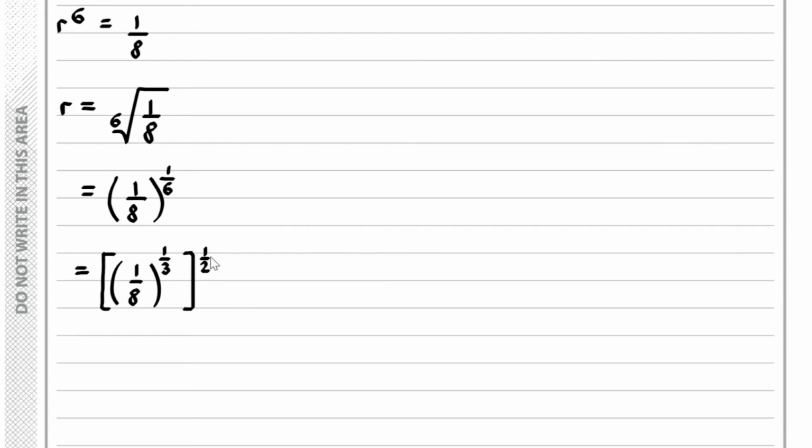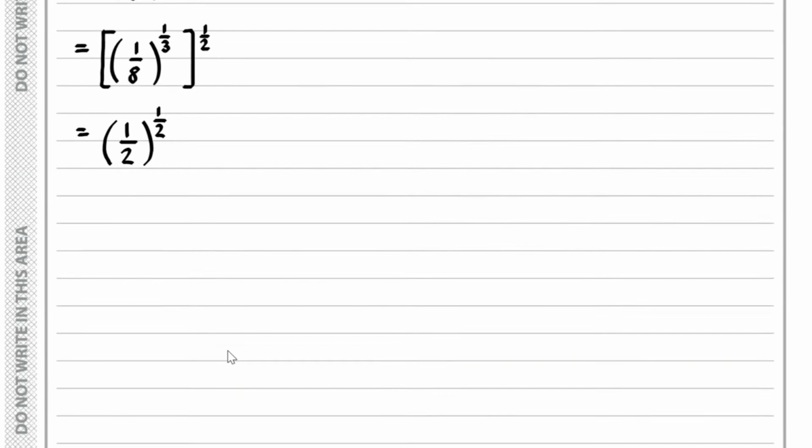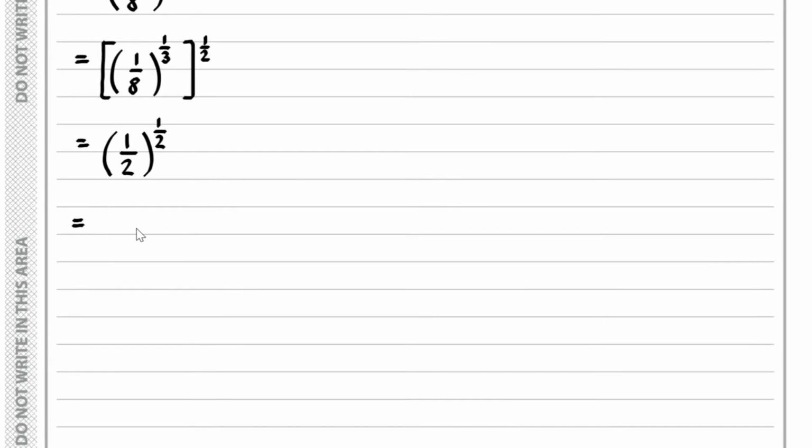And the reason I want to do this, raising something to the power of 1/2 is the same as square rooting, and using the laws of indices, 1/3 times 1/2 is the 6th. Now, 1/8 to the 3rd is 1/2, so I've got 1/2 to the power of 1/2, which is the same as finding the square root of 1/2.